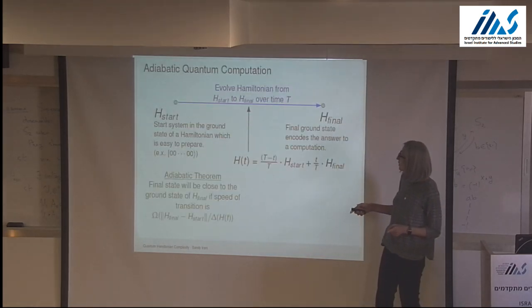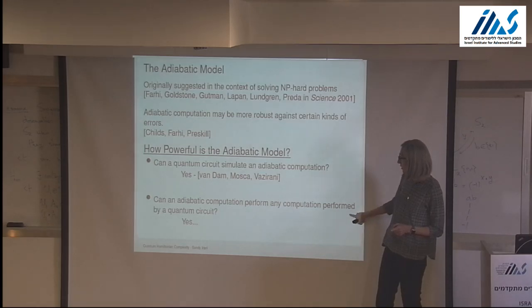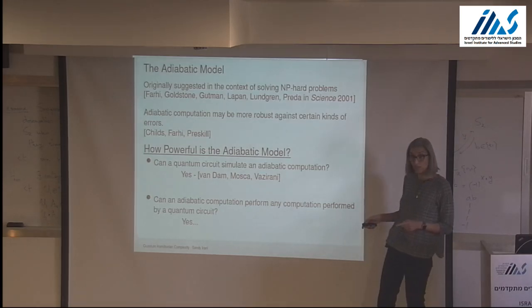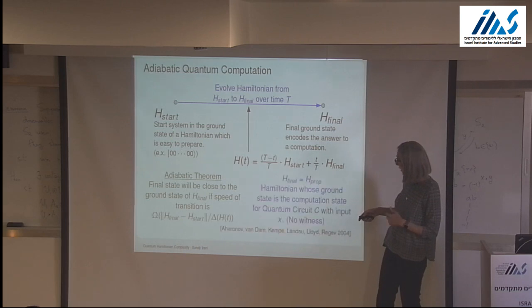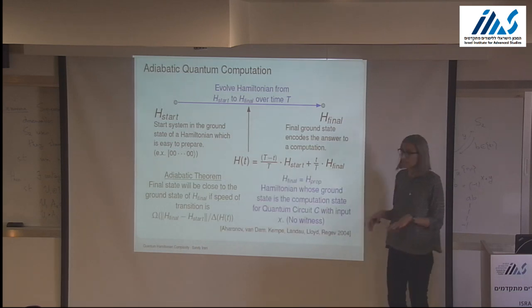And it was the two-dimensional paper that showed that adiabatic computation can actually perform a computation performed by a circuit. Okay, and the basic idea is that this final state is exactly this history of computation state that we worked on in the last lecture.